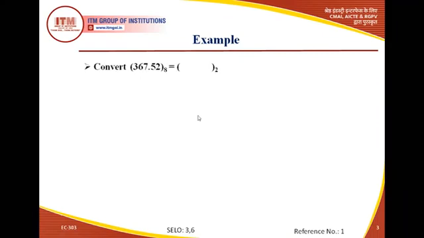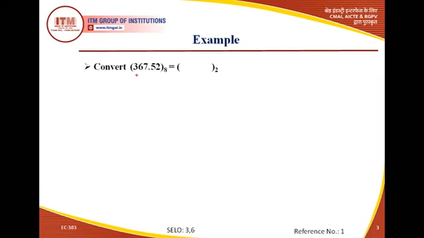Okay, so if we want to convert the number 367.52, which is given in the octal number system, into a binary number, from the table we can see the equivalent of 3, 6, 7, 5 and 2.